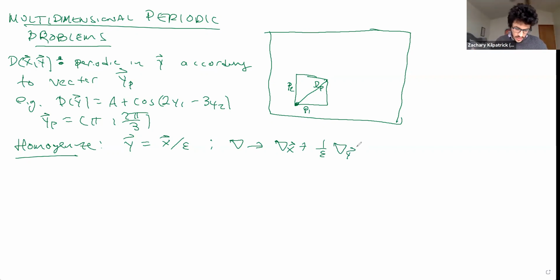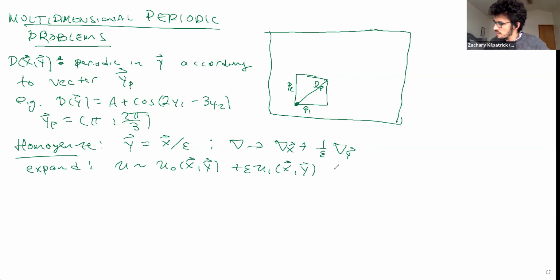We substituted it into the PDE, and we also expanded out according to a regular perturbation expansion. We're going to go up to order epsilon squared in order to find our homogenized problem. Okay, and so let me just write down the original PDE.